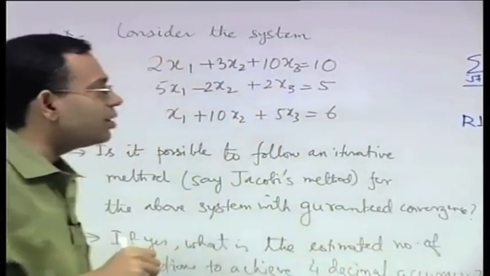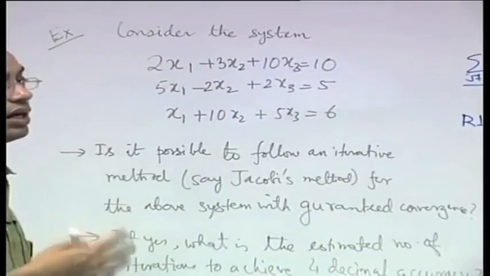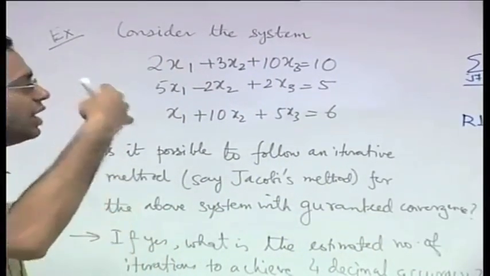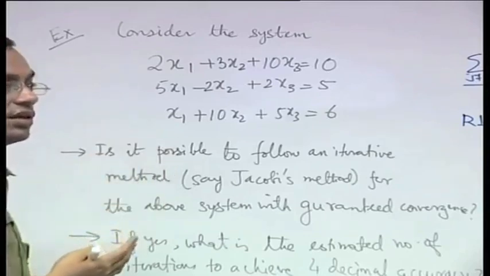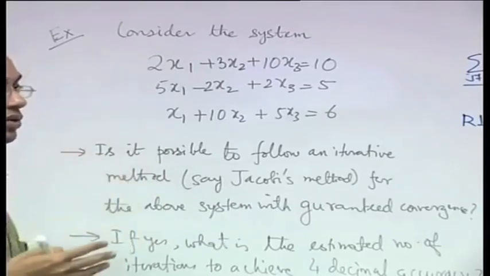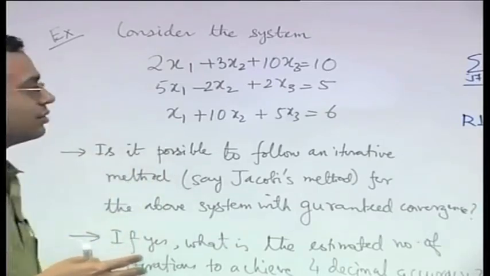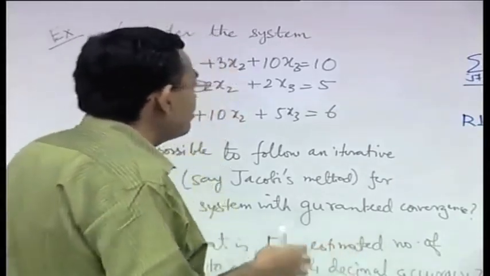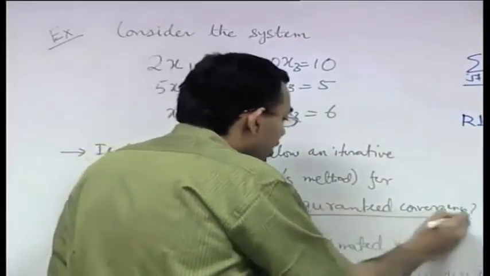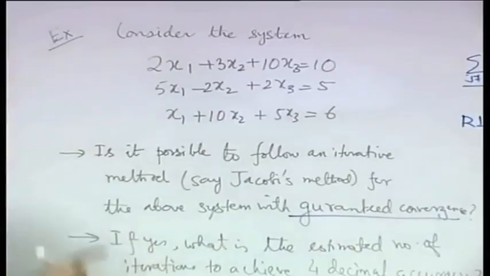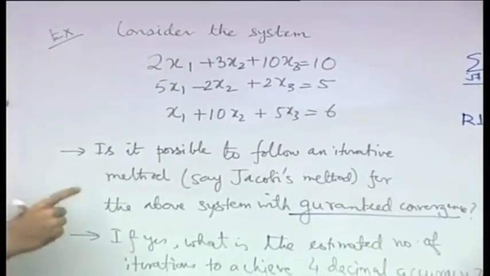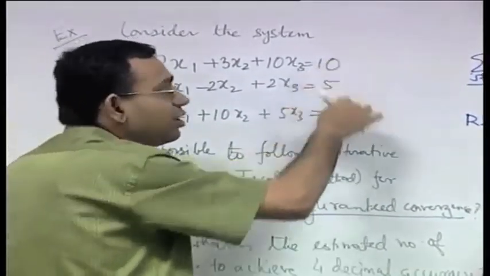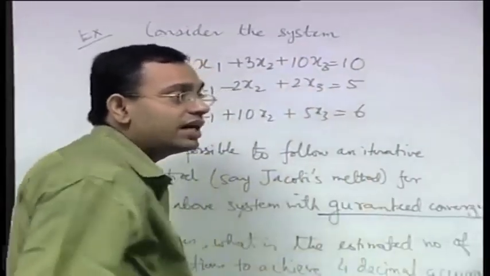So, we are talking about cases when that will not occur and you are dealing with an arbitrary initial guess, not a guess which is the solution. So, then this will not give you guaranteed convergence, but one may attempt and see whether a reordering of these equations can do that.